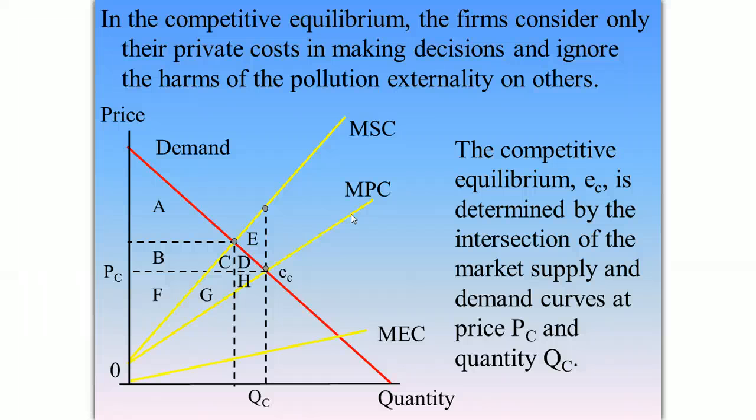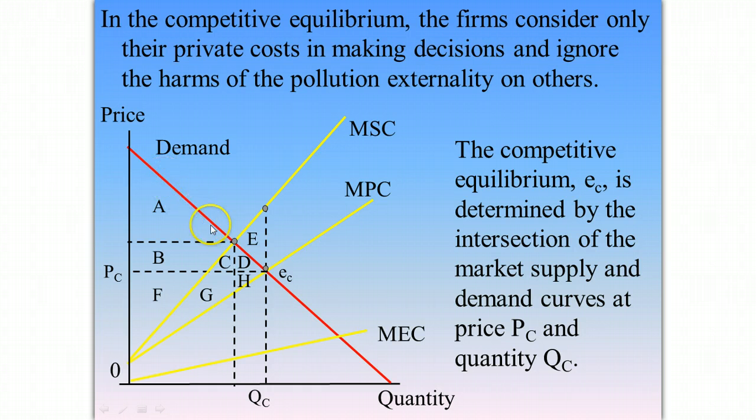So in the competitive equilibrium, you can see that the cost of using the raw materials exactly matches the benefit. So here is the cost going up to quantity QC, and here is the benefit. So the area above the supply curve, the marginal private cost curve, and below the demand curve reflects the benefit created to society.